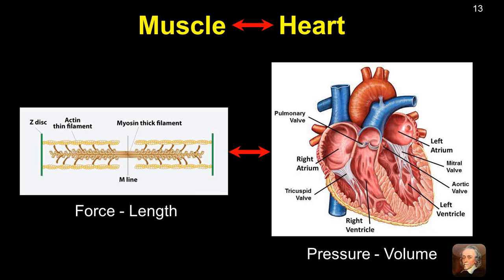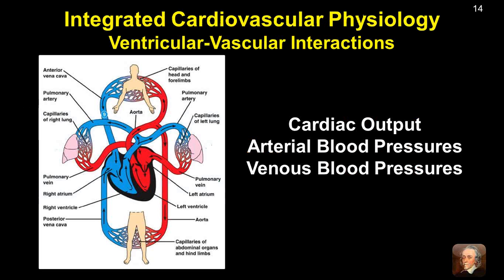But almost every phenomenon that's been studied at the muscle level has been confirmed to be present, at least qualitatively, at the whole heart level. So in a way, doing studies in the whole heart allows you to have a window back to what's going on at the sarcomere level.